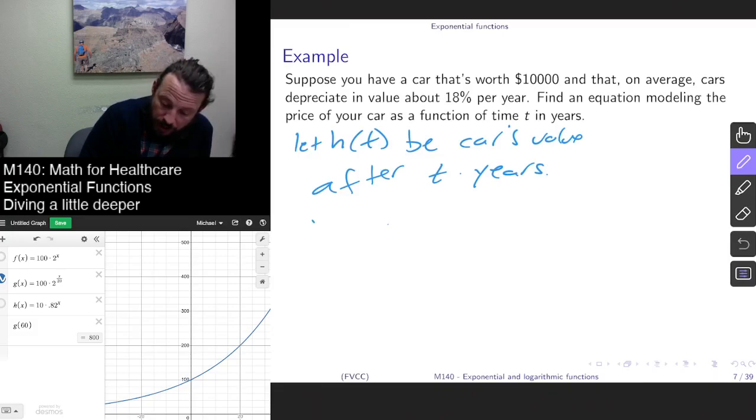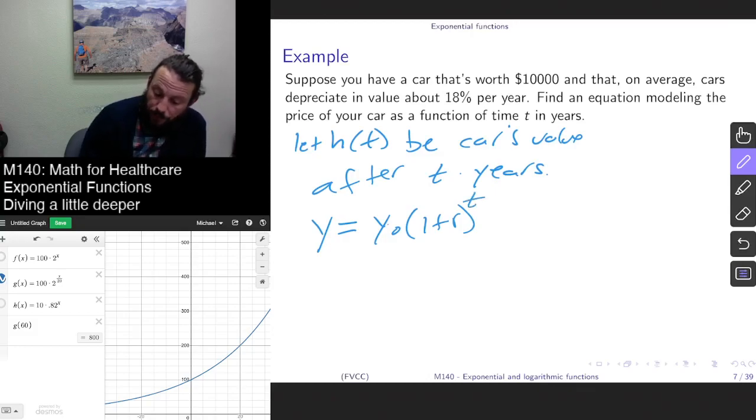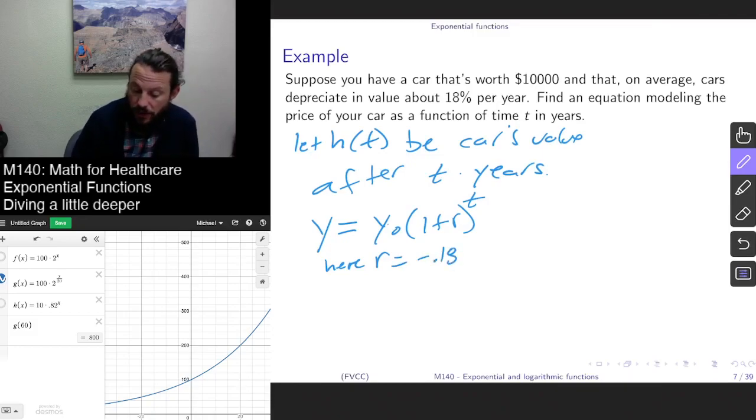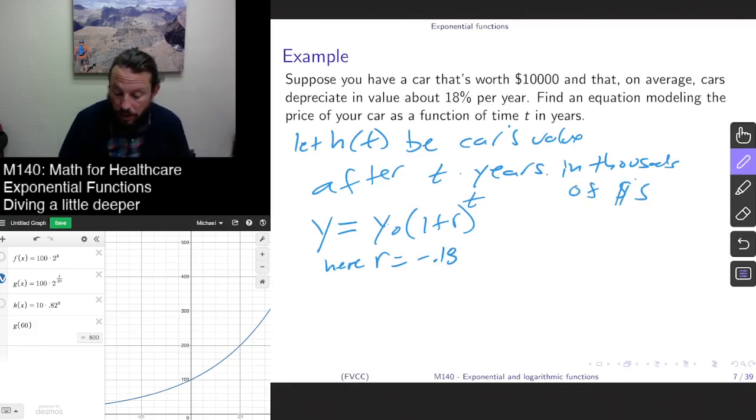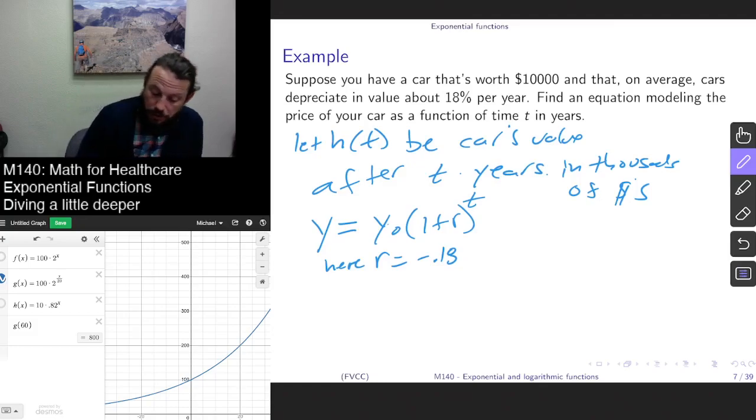From our formula, y equals y naught times 1 plus r raised to the t, r here is a negative value, because it's depreciating. Here, r equals negative 0.18. I'm also going to go back up and say h of t is the car's value after t years in thousands of dollars, so I don't have to put all those zeros in.